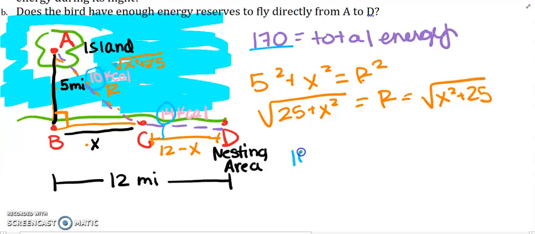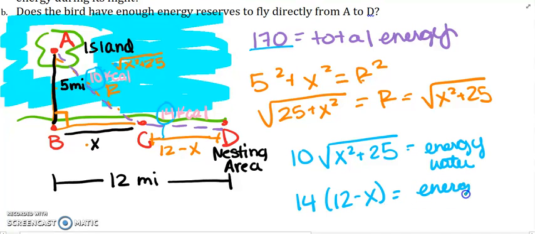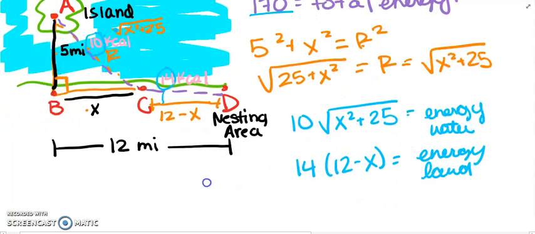So he used 10 kilocalories times this distance. This is the amount of energy in water, and the energy in land is 14 times the distance he spent on flying over the land. In total, we need to make these equal 170.